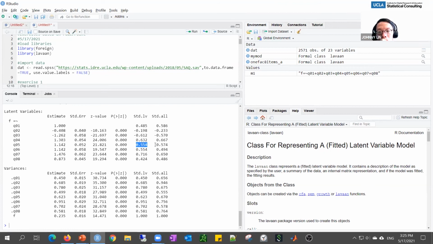And finally, what about the last column here? For 1 standard deviation increase in our factor, item 5 goes up by 0.574. Perfect. Standard deviation units.